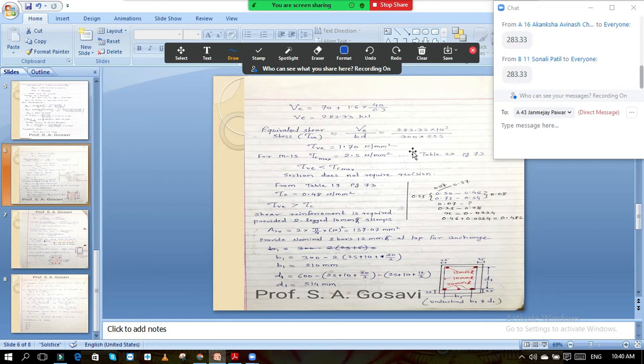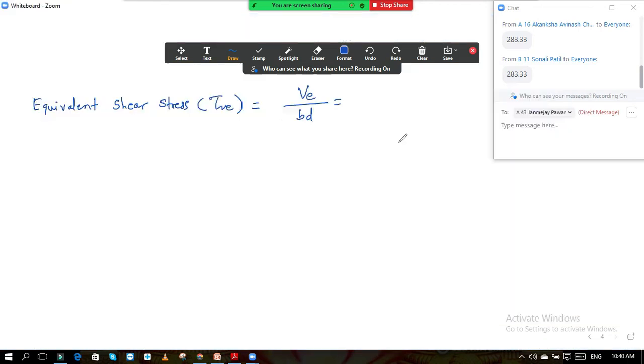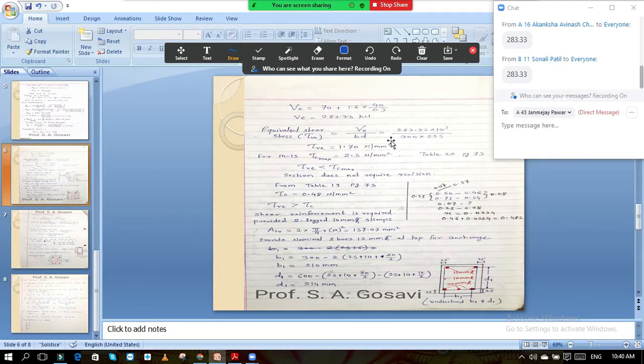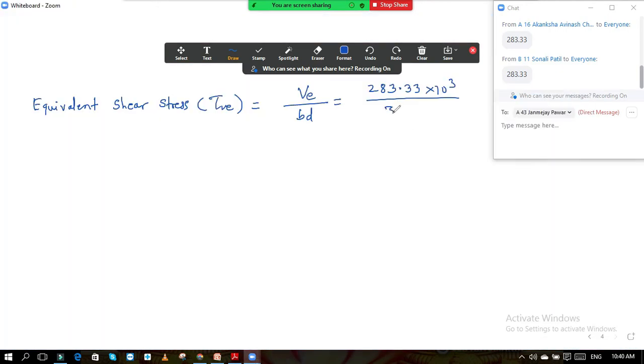Now calculate this value. It is 283.33 into 10 to the power 3 divided by 300 into 555.